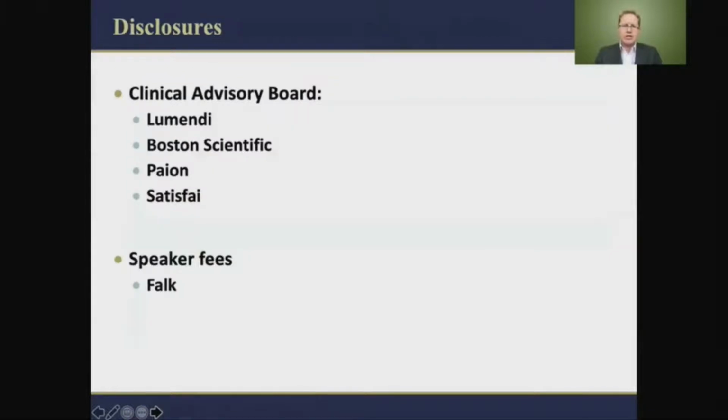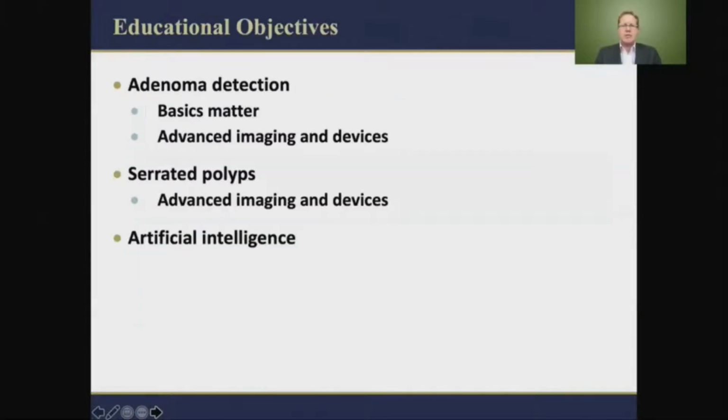So those are disclosures. So in terms of what we're trying to think about today, I am actually going to split it a little bit here into adenoma detection, and I'm going to talk about the basics because I believe they matter in terms of really driving successful cancer prevention.